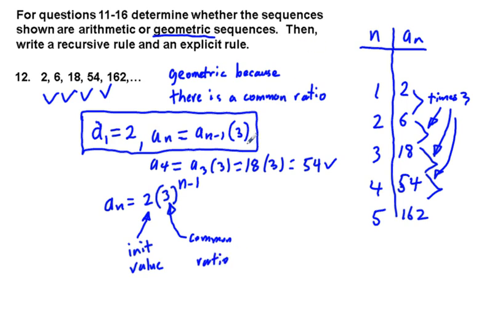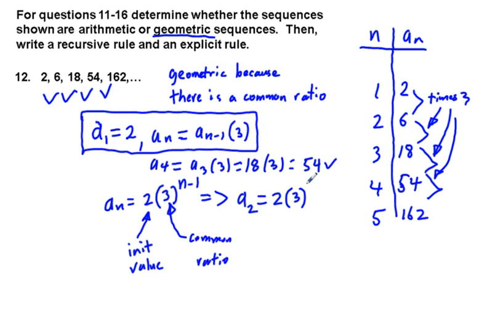And then we can test it out by saying a sub, I don't know, let's try 2. We should get 6, right? So our answer for that is going to be 2 times 3 to the power of n minus 1.